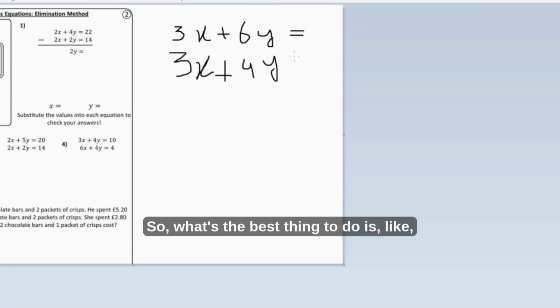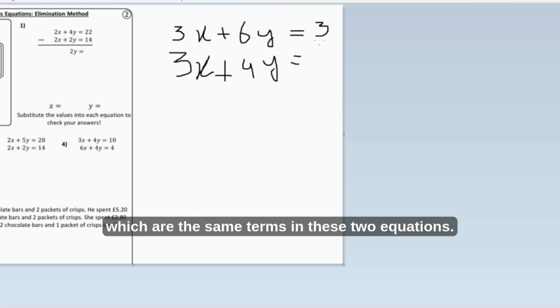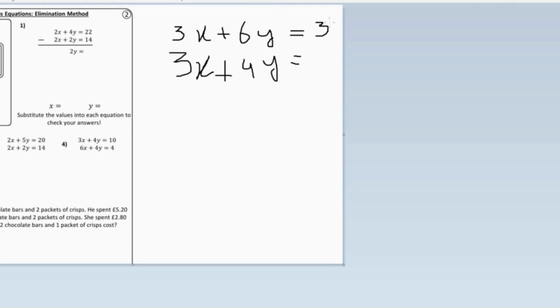The best thing to do is to cancel one variable in order to find the other variable. So first of all, the first thing you notice is which terms are the same in these two equations.